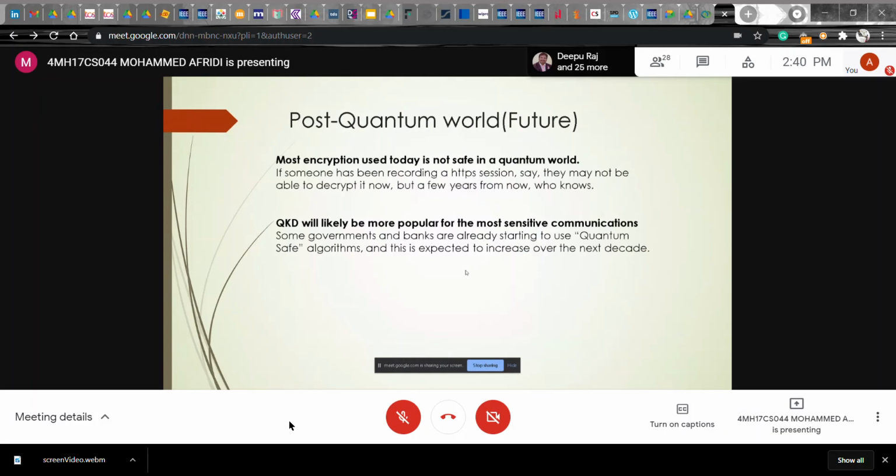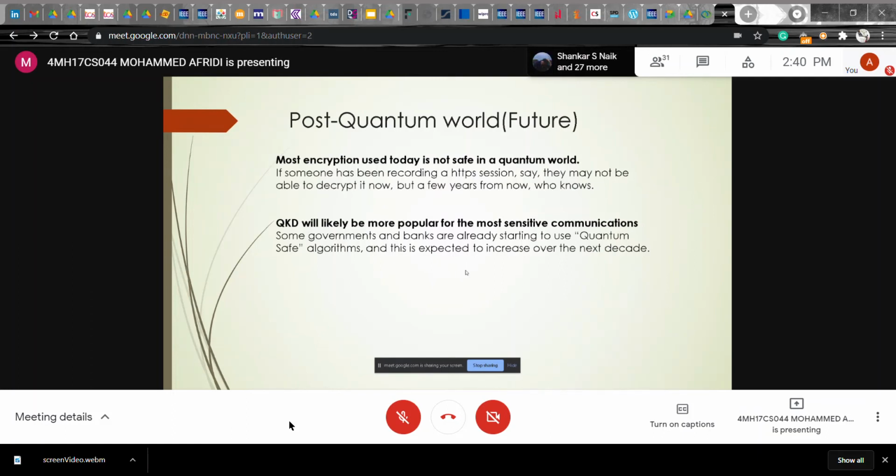Next, what is the post quantum world future? The advantages are mainly that we can use distributed quantum computing. A quantum internet can be used for transactions in cryptography, and it is also helpful in the medical field.